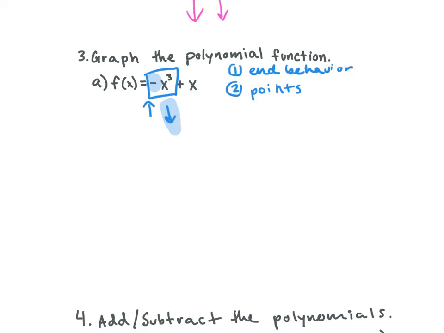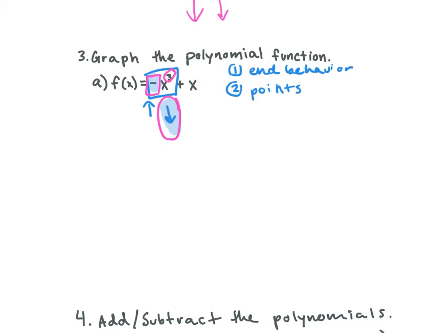So since it's negative, it ends going down, and since it's odd, it goes in opposite direction, so it has to start going up. Even or odd tells us that. So since the right one went down, the left one has to go up.